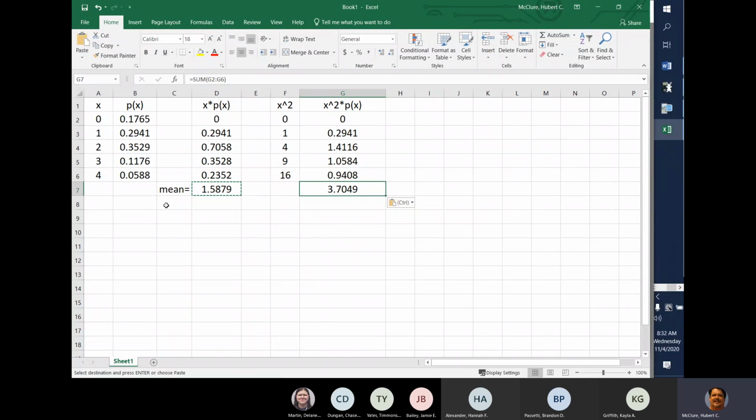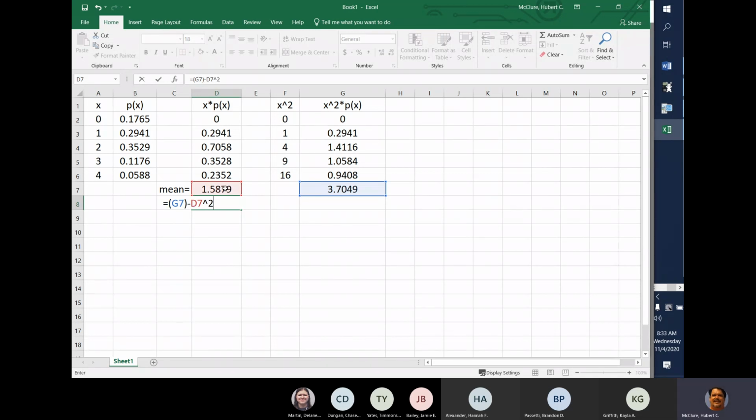And the standard deviation is going to be equal to parentheses, this guy minus this guy to the second power.